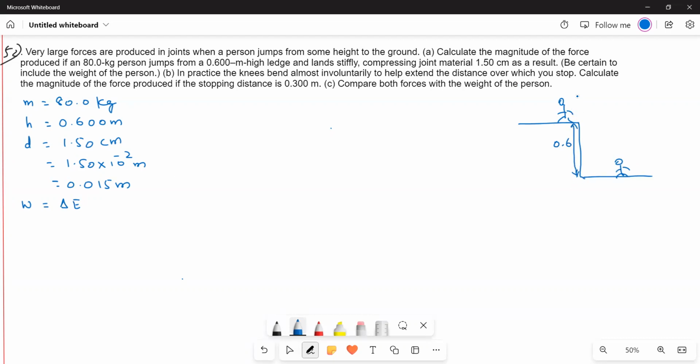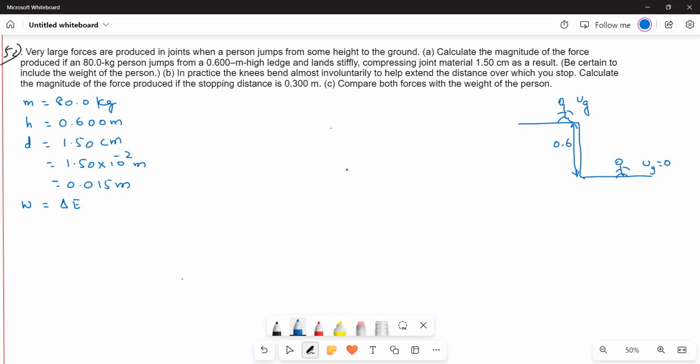Initially, the person has some gravitational potential energy, and then by the time he reaches the ground, UG becomes 0. So what is happening here? The person is doing the work. Because of that, energy gets dissipated and then it becomes 0.